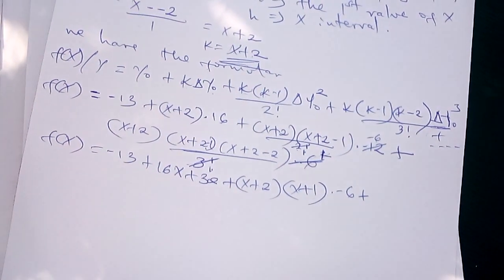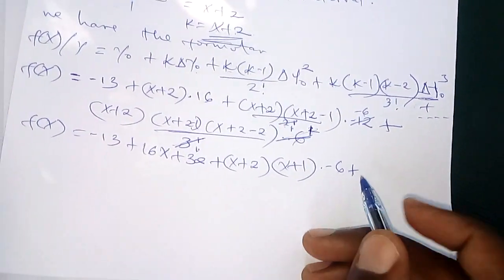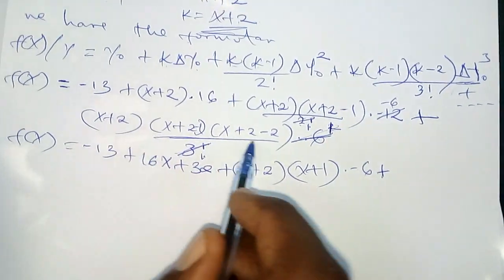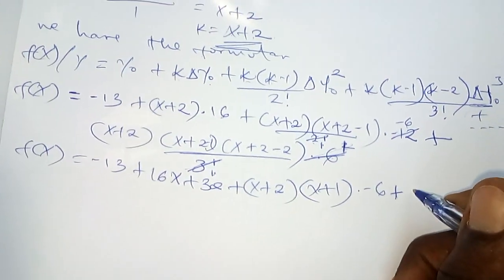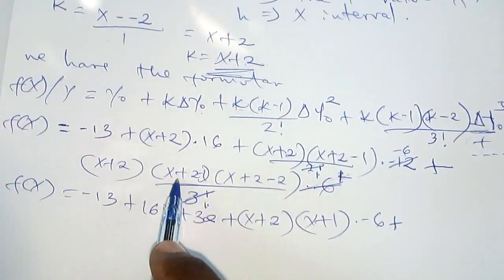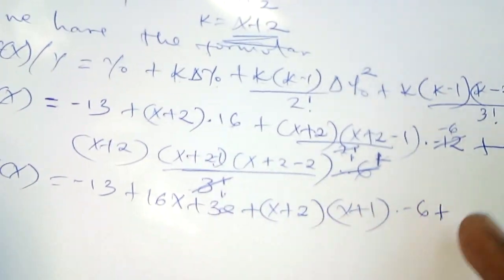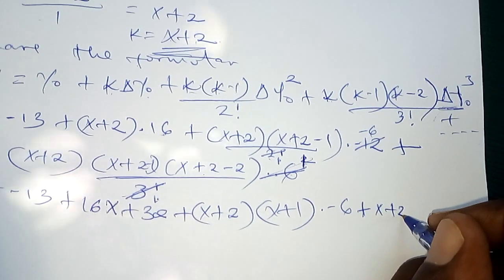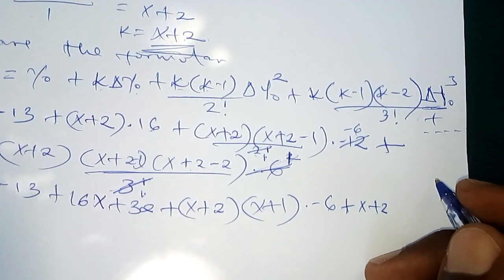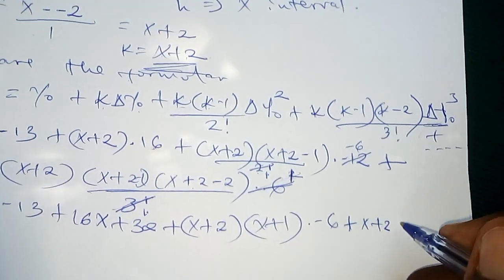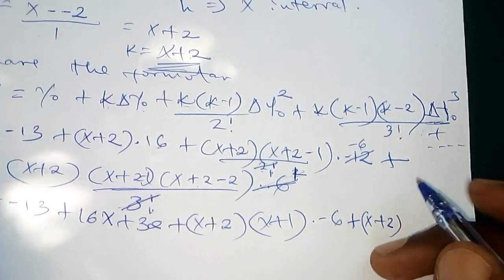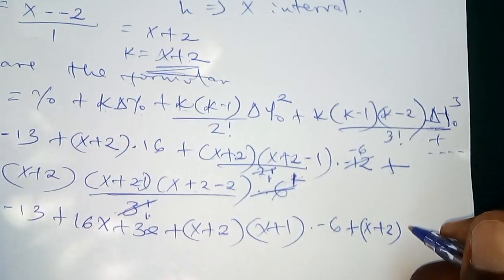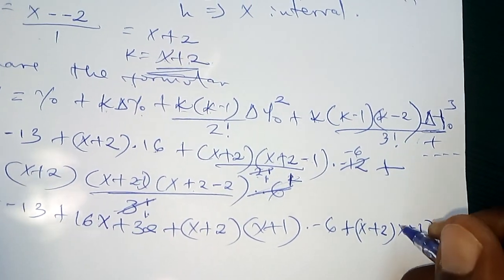So you have negative 6 plus, now we just deal with the parameters within the bracket. When you simplify further, it will be x plus 2, then we have x plus 2, and here 2 minus 1 is 1, so it will be x plus 1.